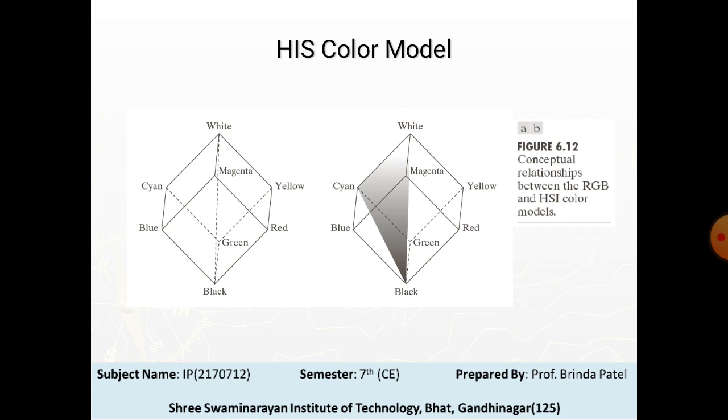We also note with a little thought that the saturation, meaning the purity of a color, increases as a function of distance from the intensity axis. The saturation of points on the intensity axis is 0, as evidenced by the fact that all points along this axis are gray.